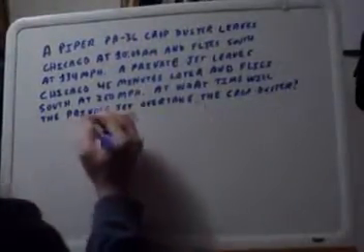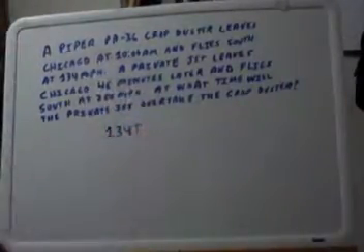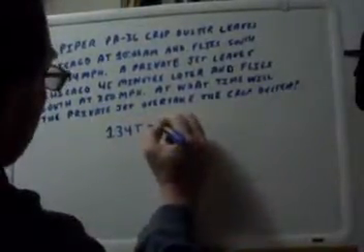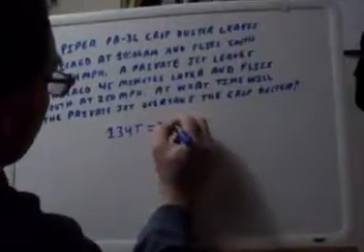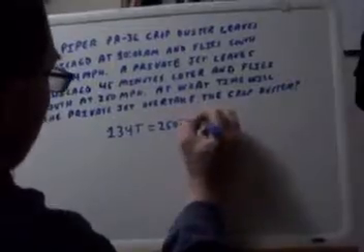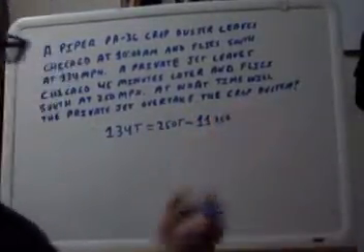What we can do here is say 134t, and I hope you wrote all that down. If you didn't, rewind the video and write down what I just presented to you, equals 250t minus 11,250.